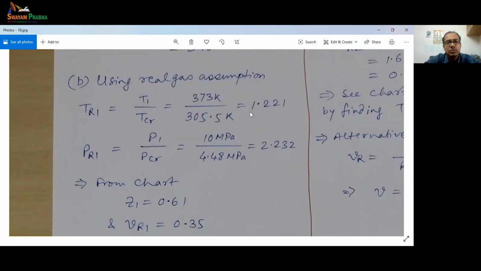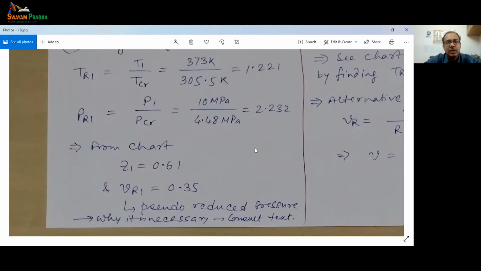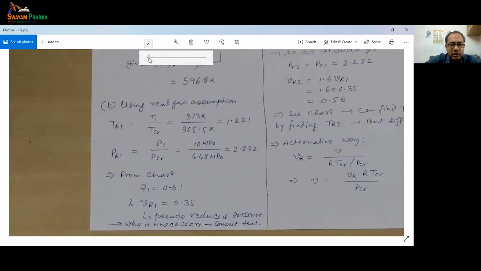So with these two reduced quantities for temperature and pressure, we can go to the chart. Let me show you the chart once again. I'll not try to read it with you; you can do it yourself.